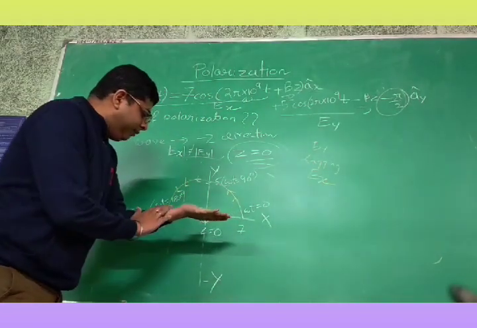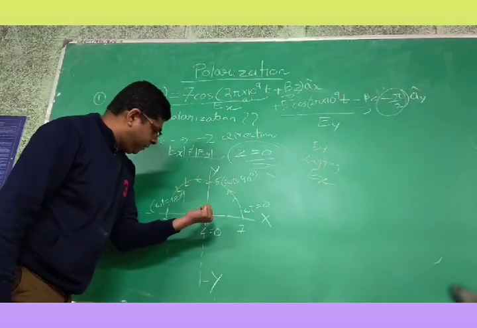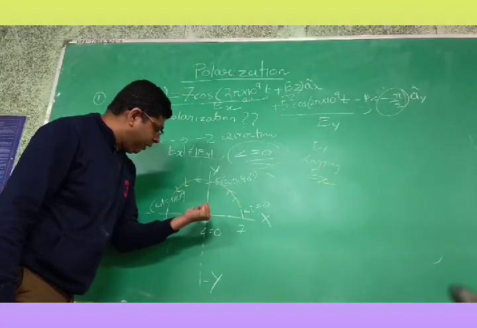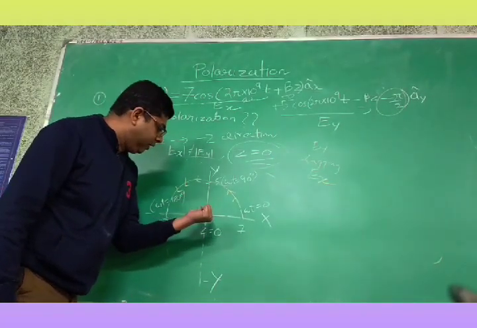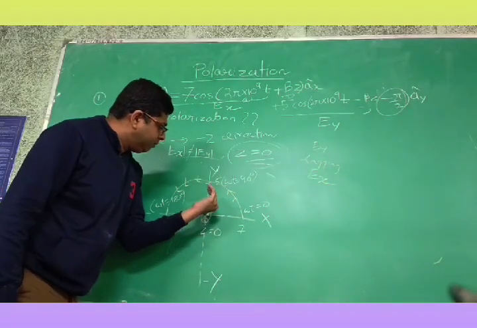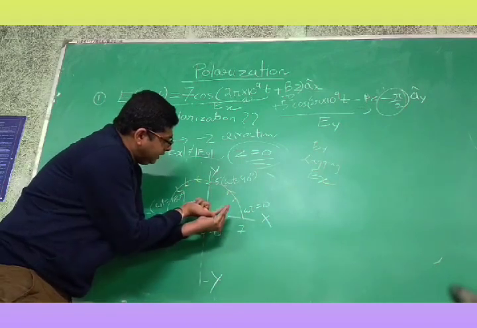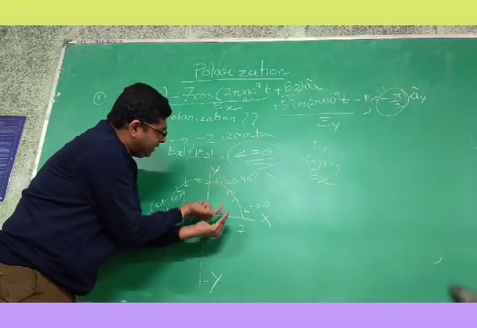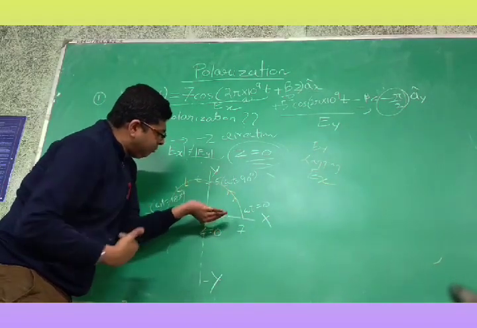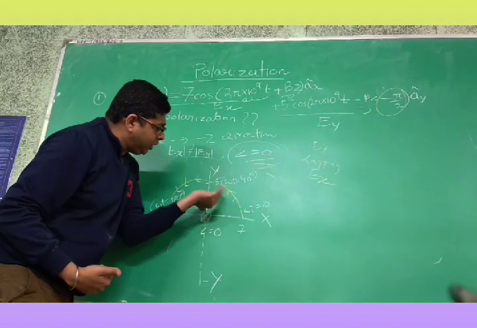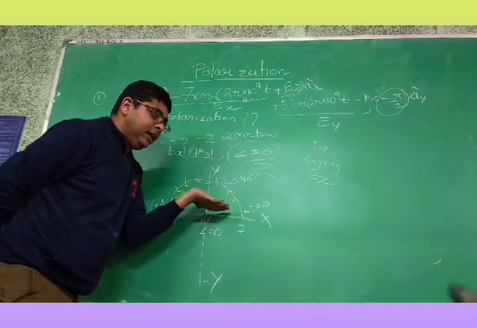This is my left hand, and this is the direction my thumb is pointing, the direction of propagation of the wave. If I now rotate my fingers, you can see it is like this. That means it is matching with this plot, so you can conclude this is left-handed.